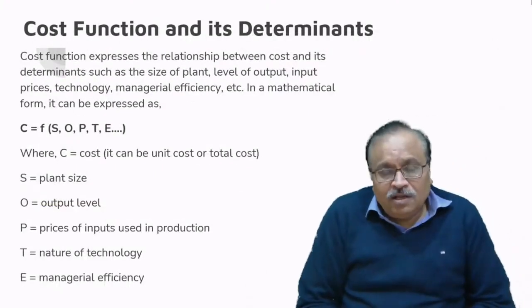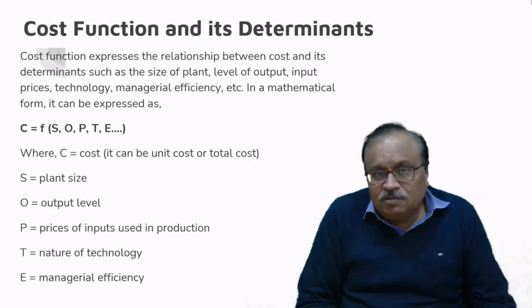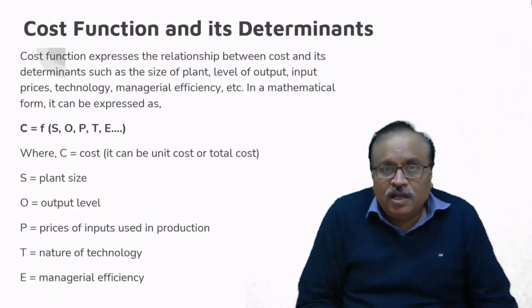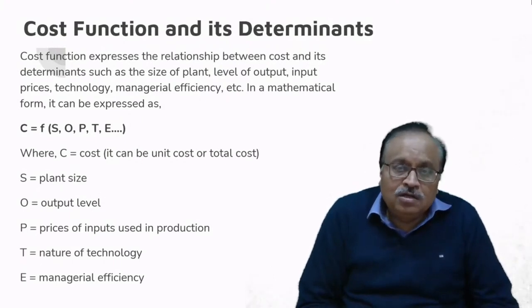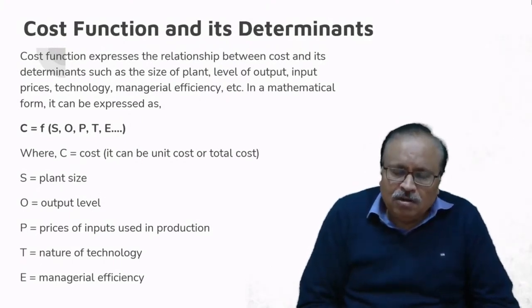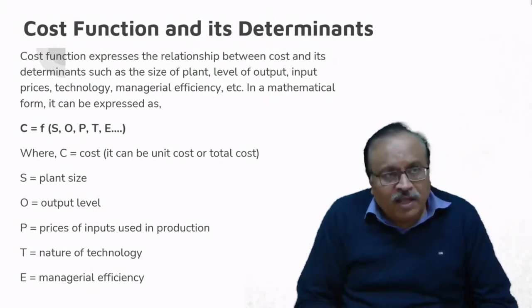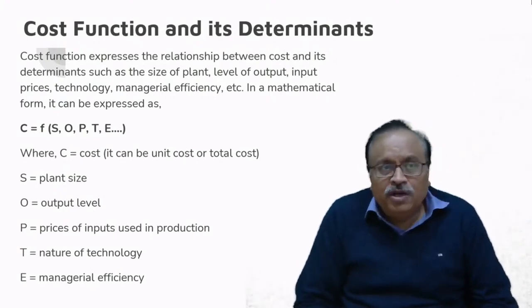So cost function, like we have seen the demand function, which has got determinants like what? Price, advertising, price of competitive products, price of supplements, then disposable income. So likewise the cost also has its own determinants.